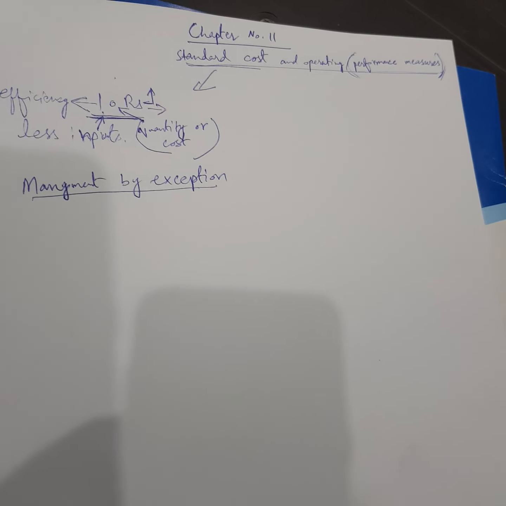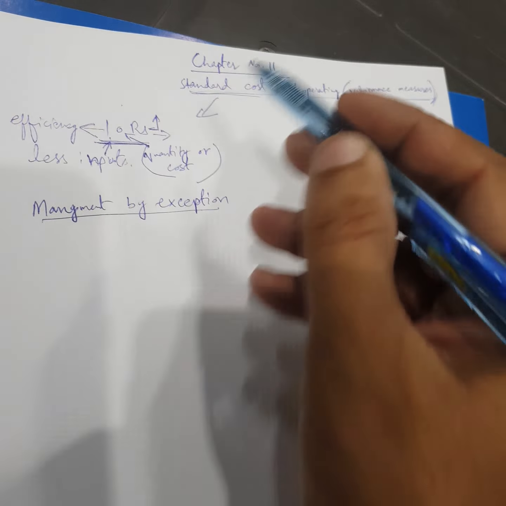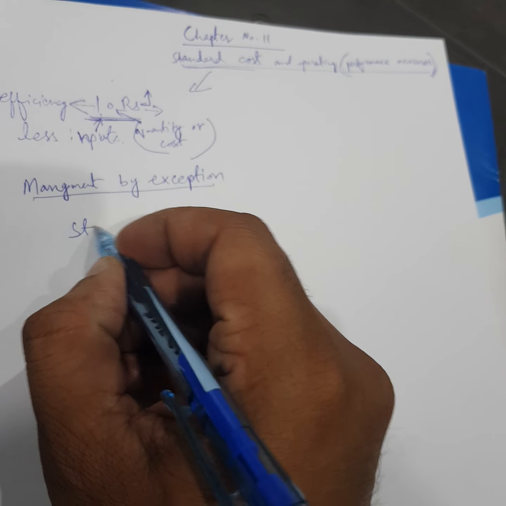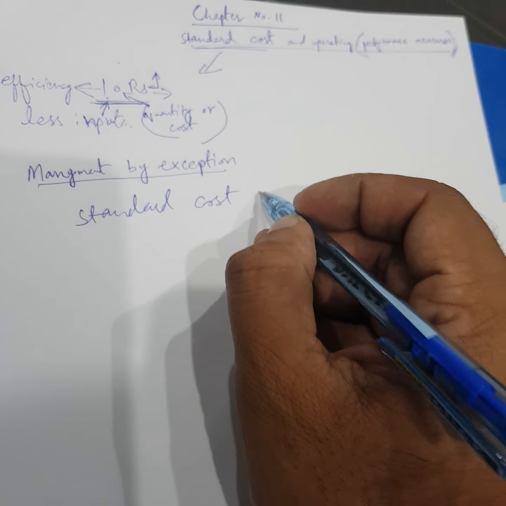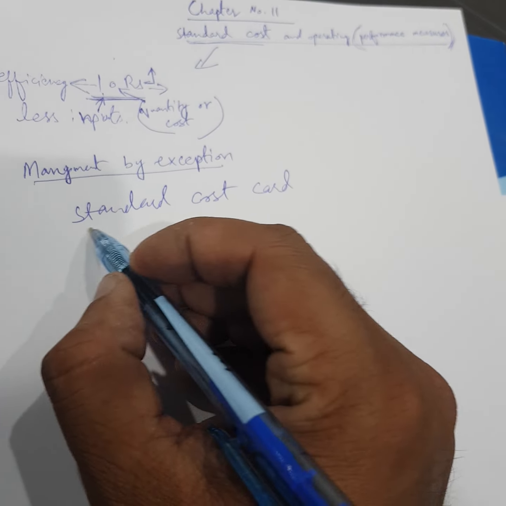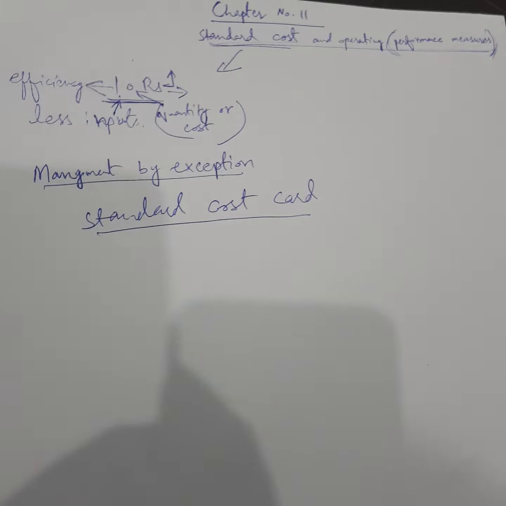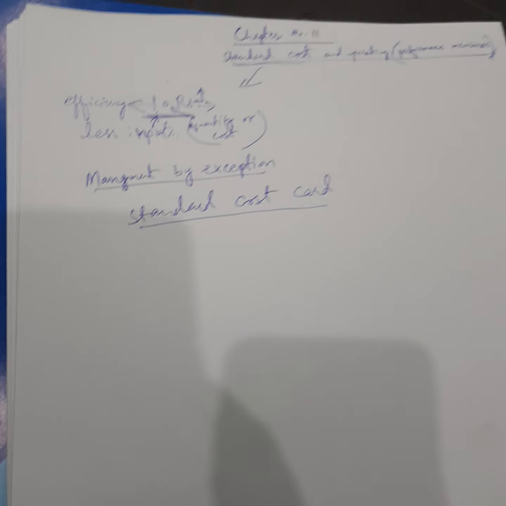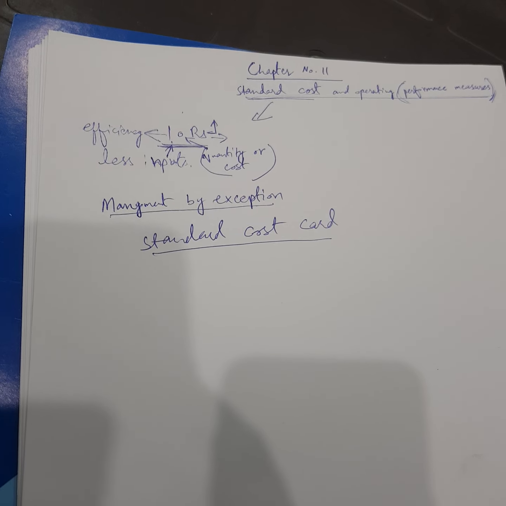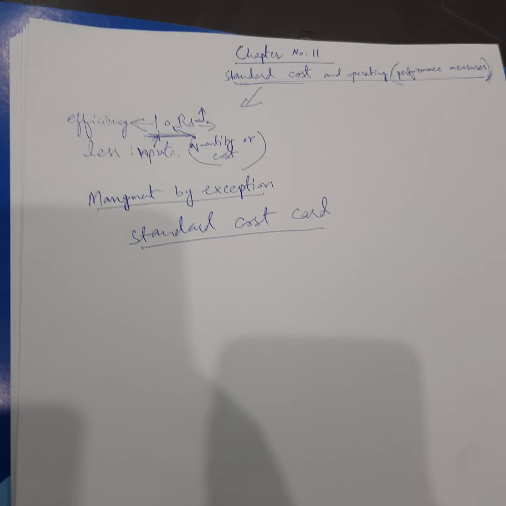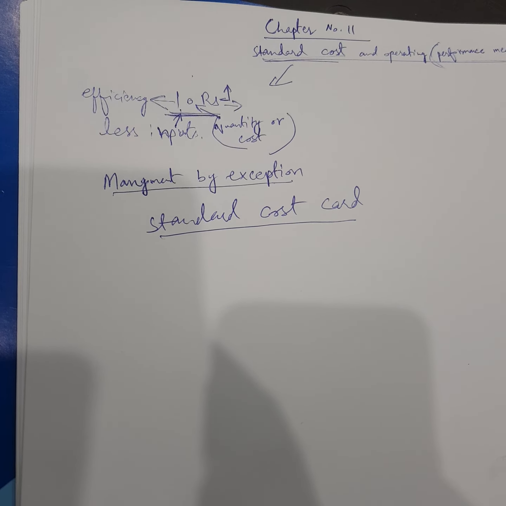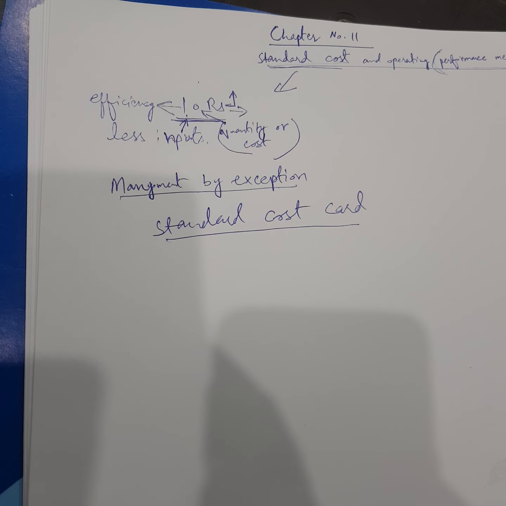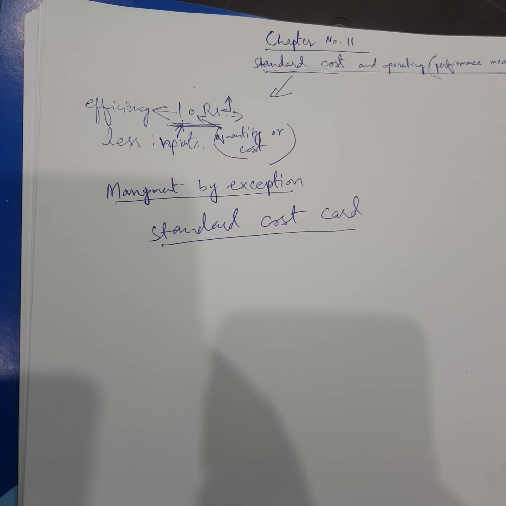After explaining the concept of standard cost, the concept of the standard cost card comes. Standard cost card, what is it? It shows the standard quantities and cost of inputs required to produce a unit of a specific product.